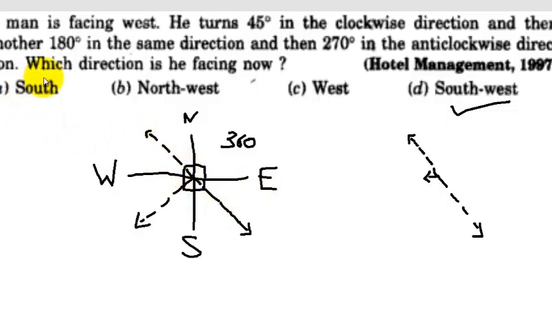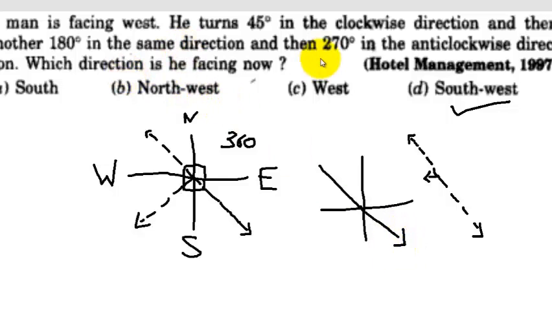And then another 180 degrees in the same direction. Turning 180 degrees means you can simply take a half, so directly you get it this way. This was 45, this is going to be 180, so the second position is here.